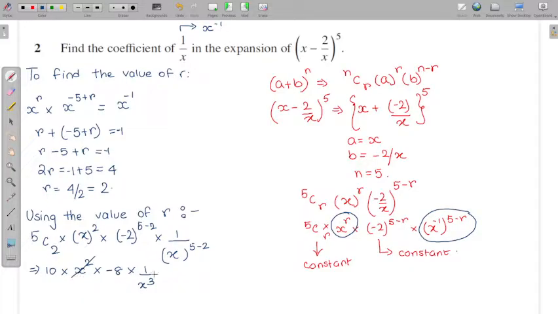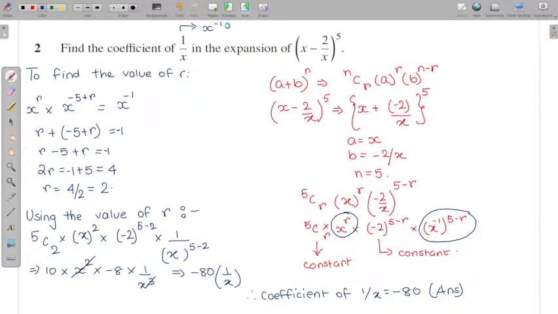So this x squared term and this gets cancelled, leaving me an x term in the denominator. So this will be minus 80 by x. So finally the coefficient of 1 over x is equal to minus 80. And that is our final answer for question number 2.